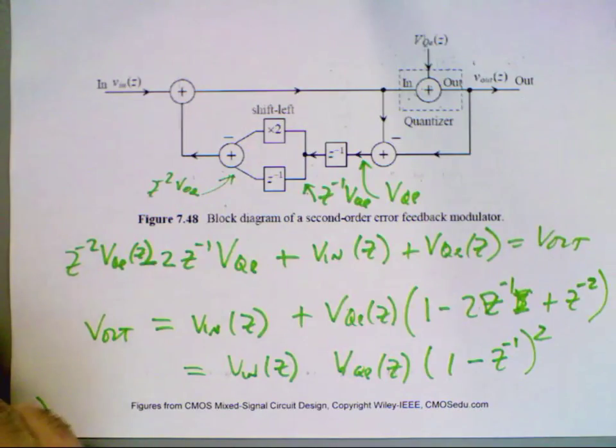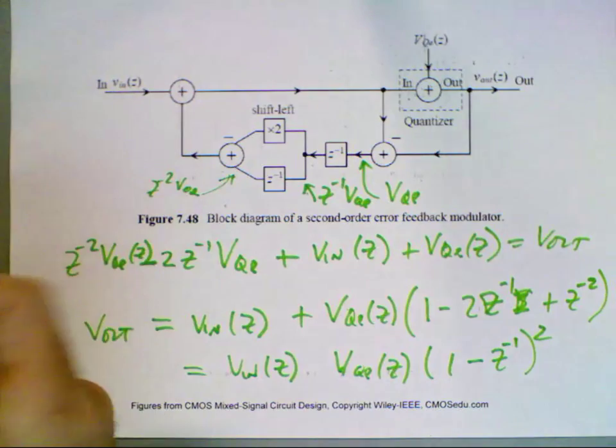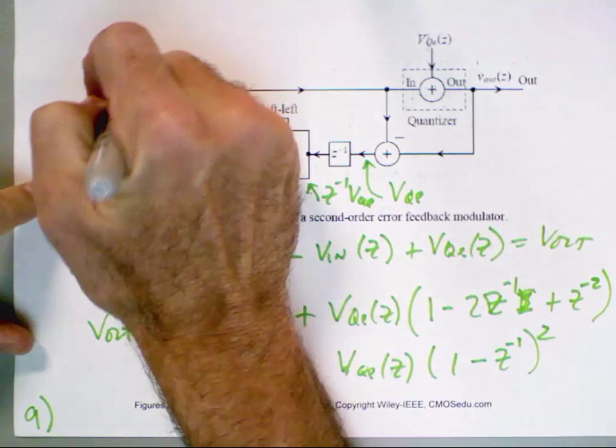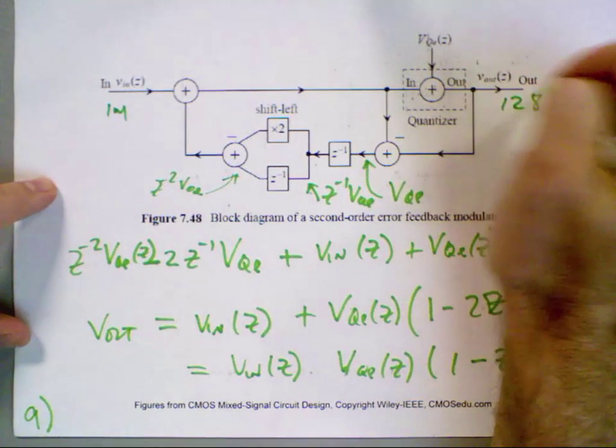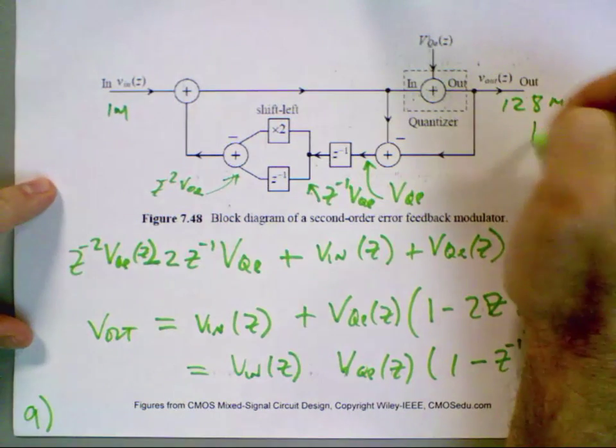Okay, so I got a question. Why not just use interpolation? What am I getting out of this? So I got a word coming in here. Let's say it's coming in at a megahertz, and then say coming out I get a 128 megahertz 1-bit word.